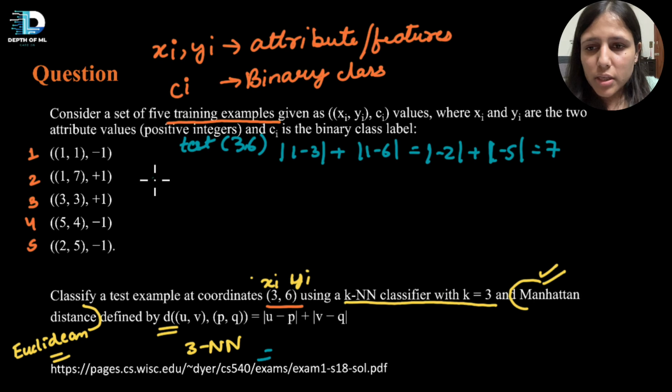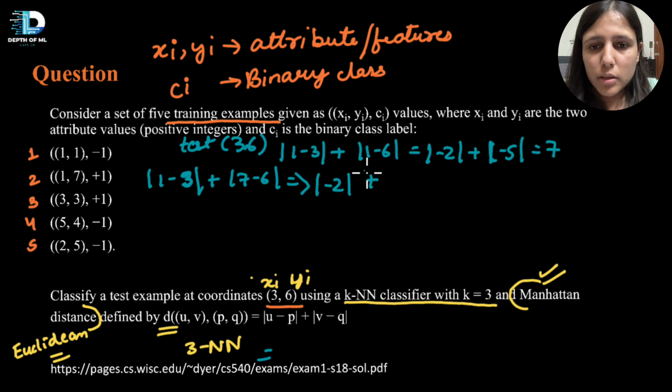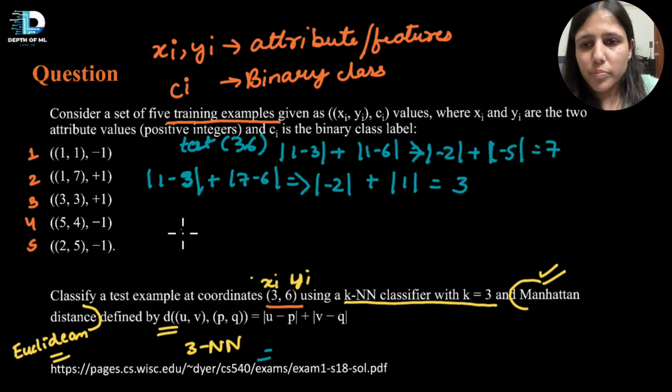Now let's take the second example: absolute value of 1 minus 3 plus absolute value of 7 minus 6. So absolute value of minus 2 is 2 and this is 1, so this is 3.